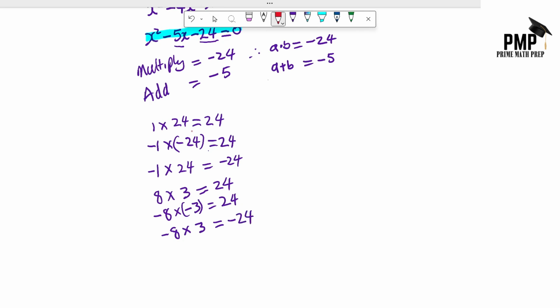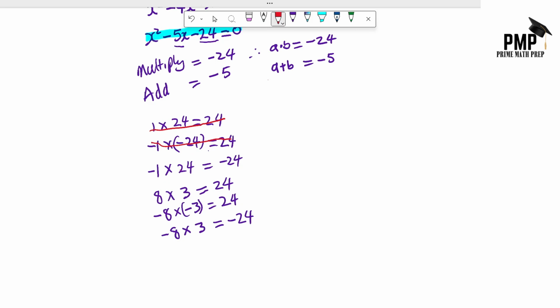Since we've seen the factors that when we multiply will give us negative 24, let's now add and see the one that will give us negative 5. 1 plus 24 will not give us negative 5, so this will not satisfy our equation. Negative 1 plus negative 24 will still not give us negative 5, so we'll rule this out.